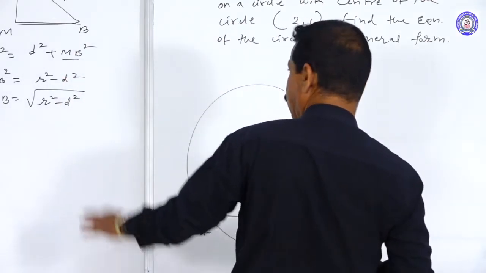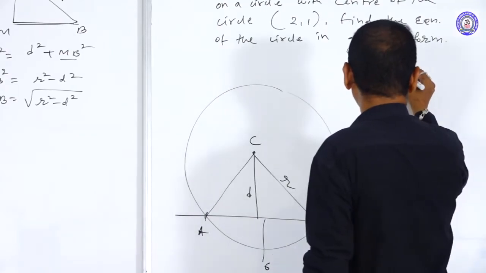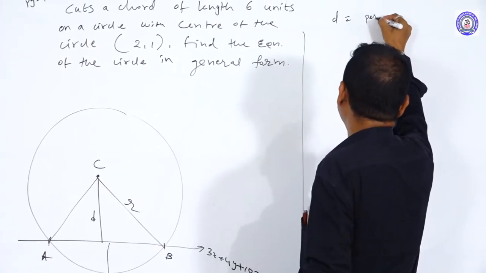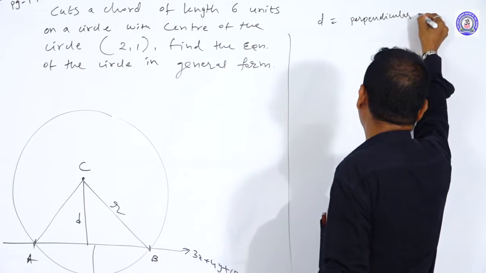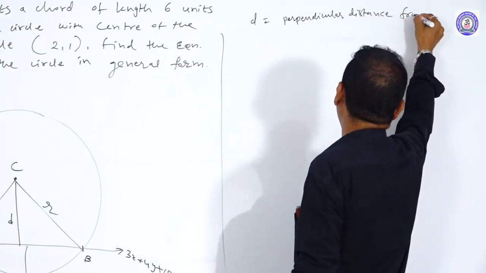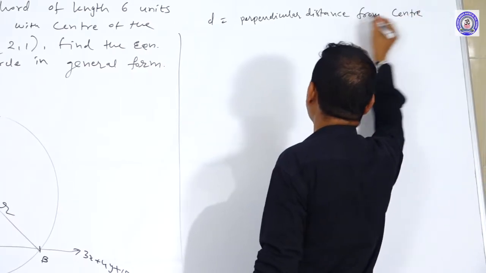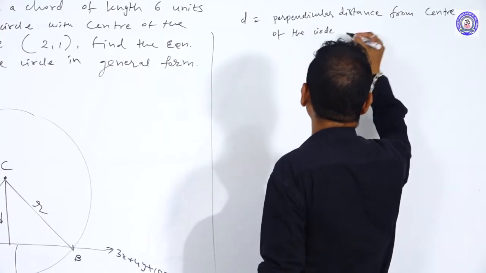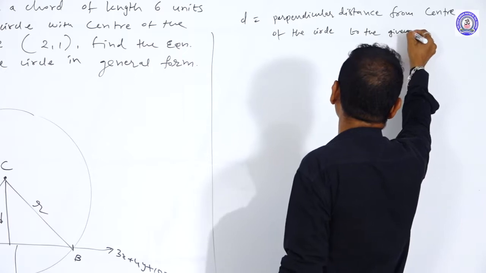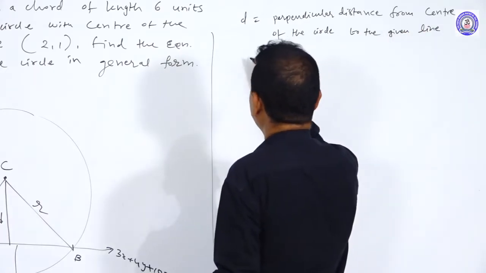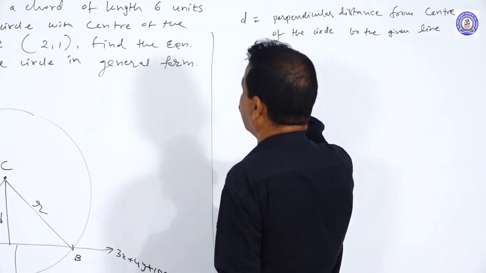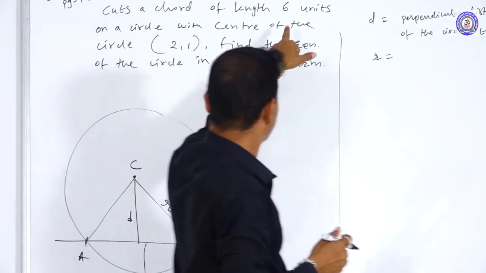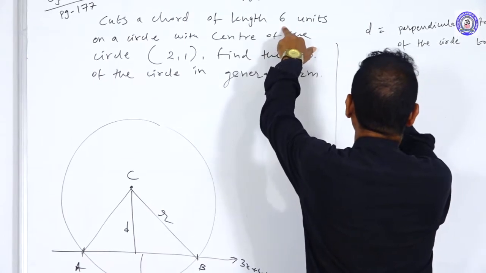So by using that formula, first of all find D. D is the perpendicular distance from the center of the circle to the given line, and the length of the chord is given.